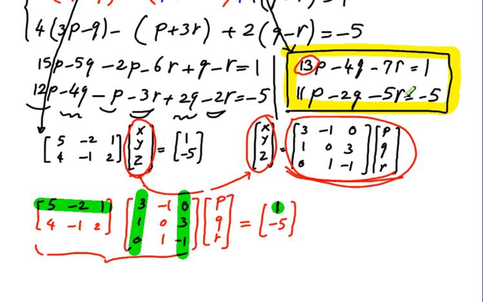Right hand side, here are our ones. 4, minus 1, 2 times 3, 1, 0: 12 minus 1, that's 11. Times that, minus 4 and 2. Sorry. So I have minus 4, minus 2. How about the last one? I have minus 3 and minus 2. That's my minus 5. Right hand side as expected.